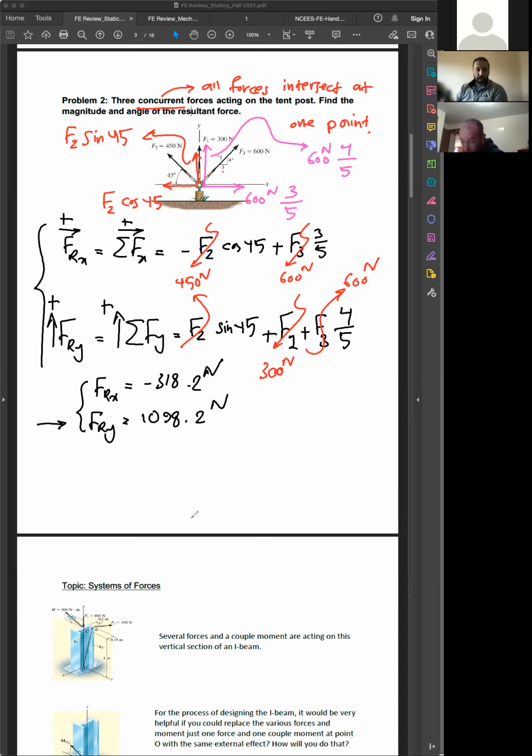So your vector FR is equal to negative 318.2 and 1098.2 Newton. This is your vector.